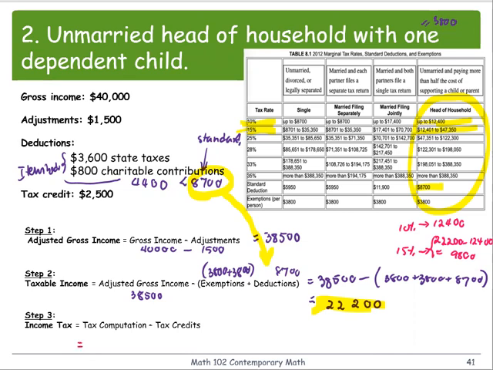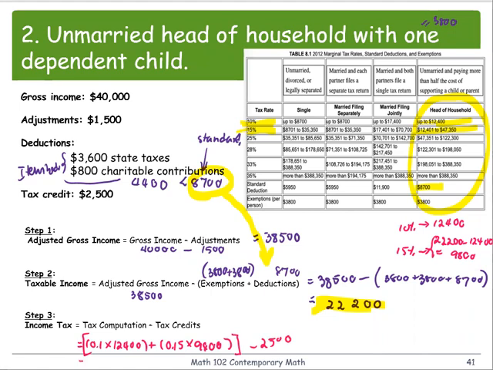The tax computation is gonna be from 10%, which is 0.1 multiplied by 12,400, and then plus the 15%, which is 0.15 multiplied by the amount in 9,800. This is the tax computation, and subtracted by the tax credit, which is 2,500.